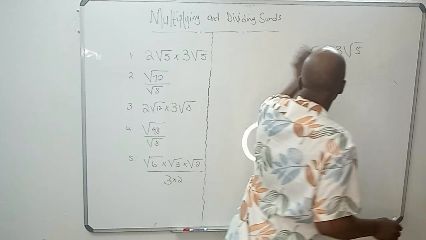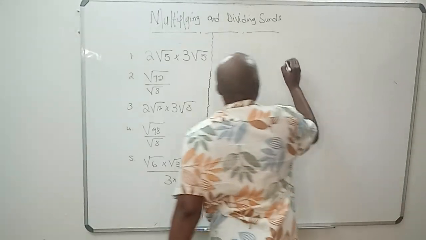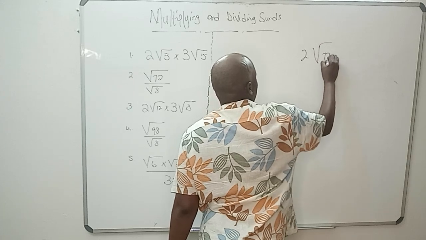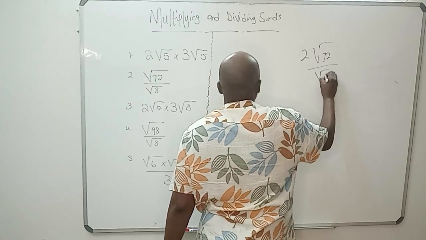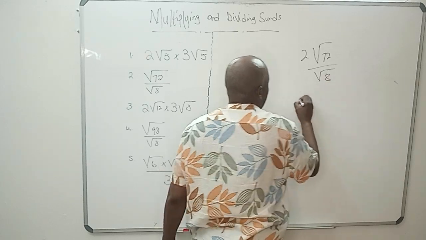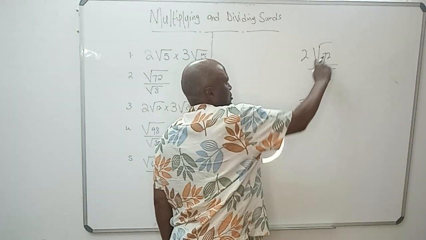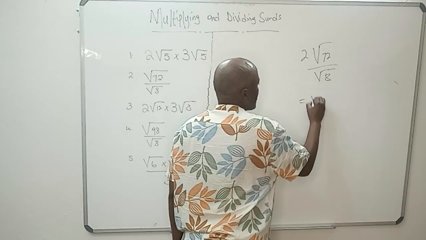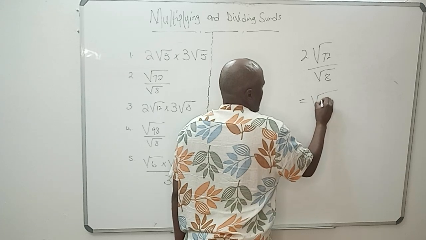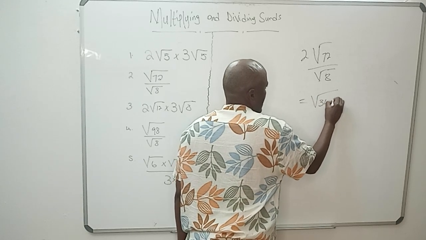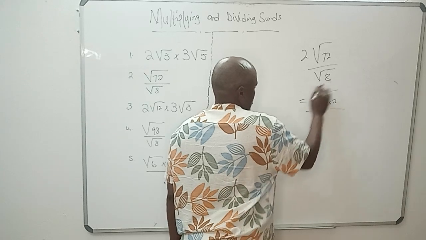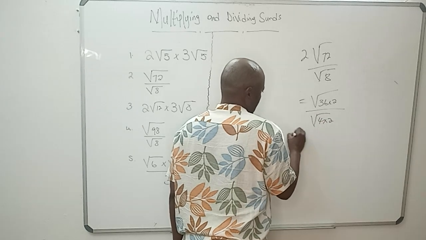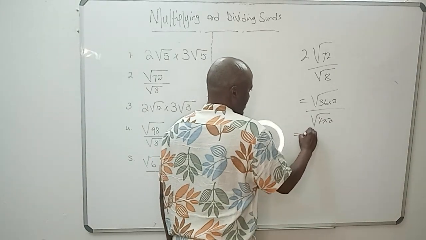Okay, so now let's quickly go to number 2. Number 2 says the square root of 72 divided by the square root of 8. Right? Factors of 72, a perfect square multiplied by a prime number. This is going to be the square root of 36 multiplied by 2 over, we know 8 is 4 multiplied by 2. Now we split the 2 there.